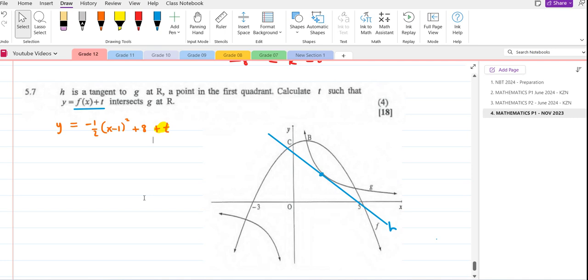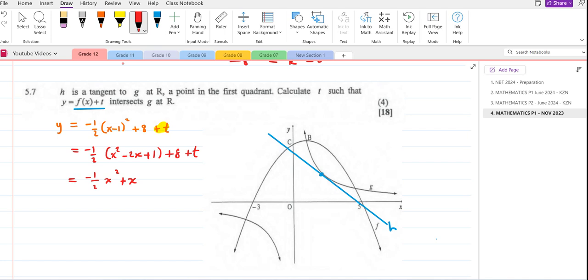Okay, if I open up this entire equation, I've got minus half into x squared minus 2x plus 1, plus 8, plus t. Minus half x squared, minus half times minus 2x, that's plus x, minus half plus 8, that is plus 15 over 2, plus t.